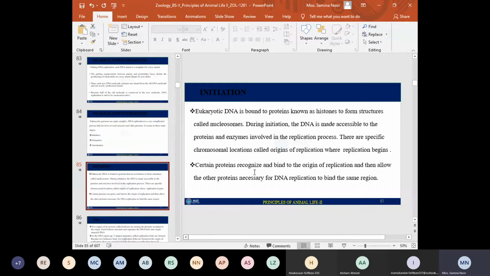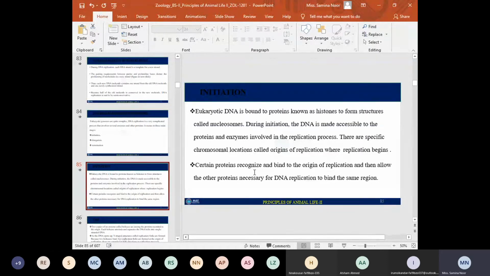What happens in the first stage, which is known as the initiation stage? As you know, when eukaryotic DNA is present in the form of chromosomes, it is bound to particular proteins known as histone proteins.